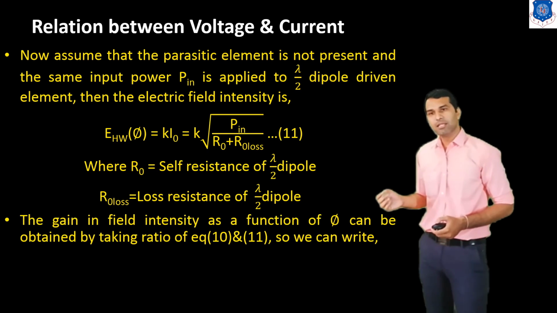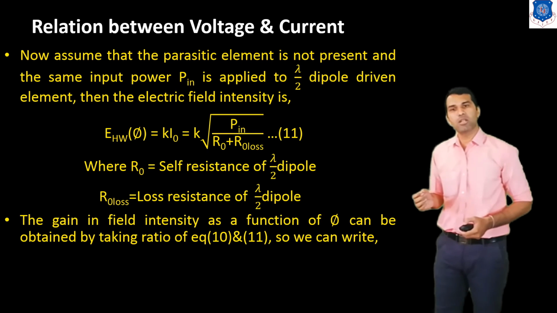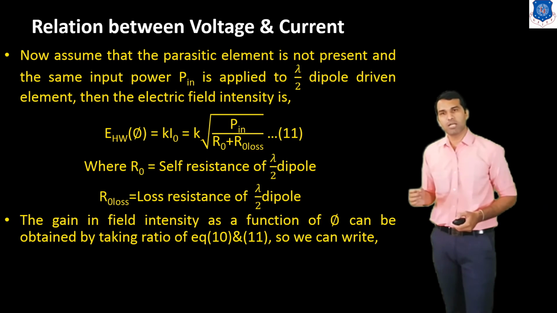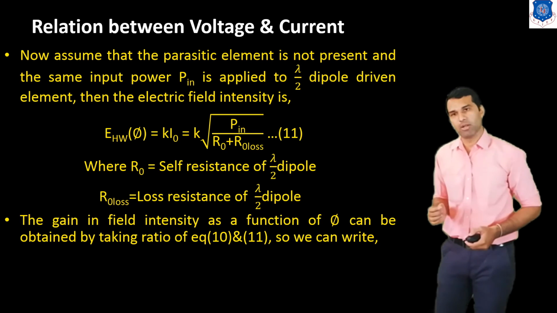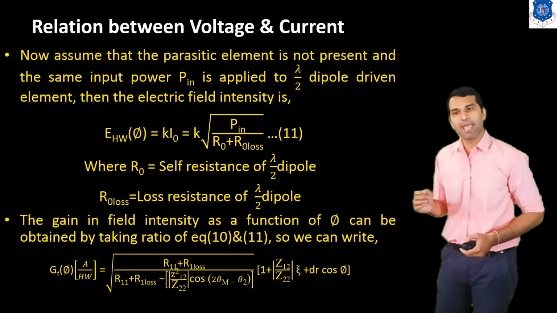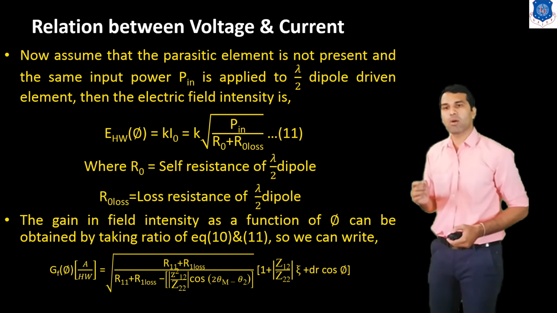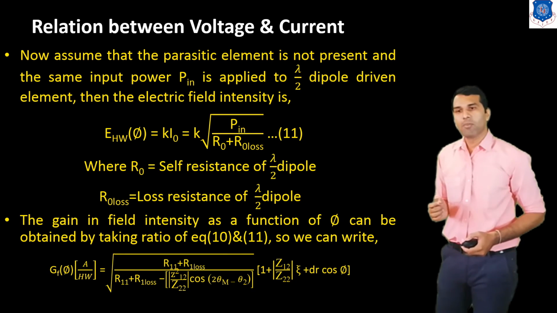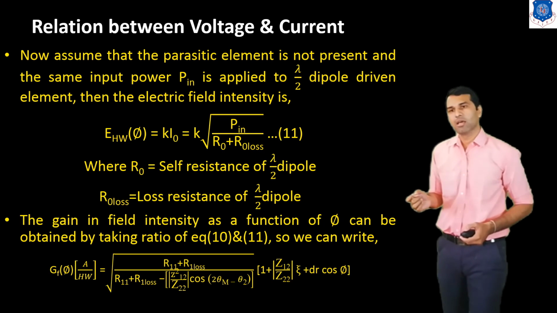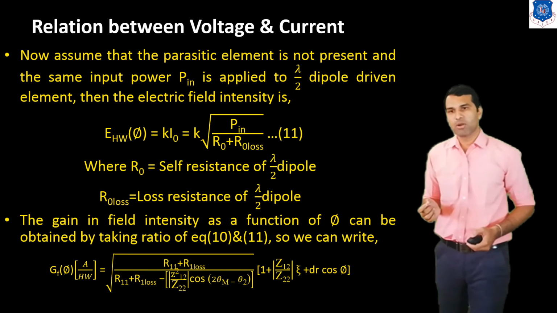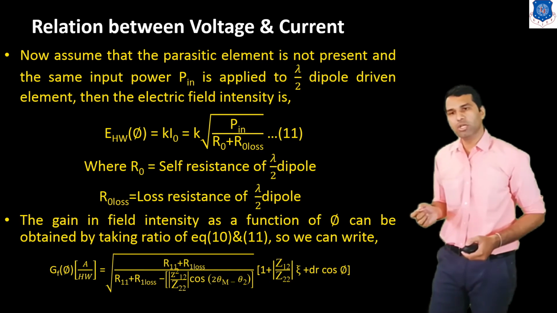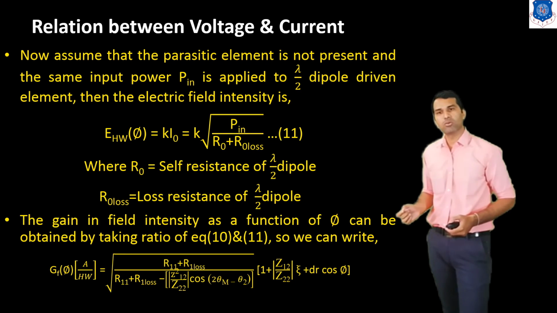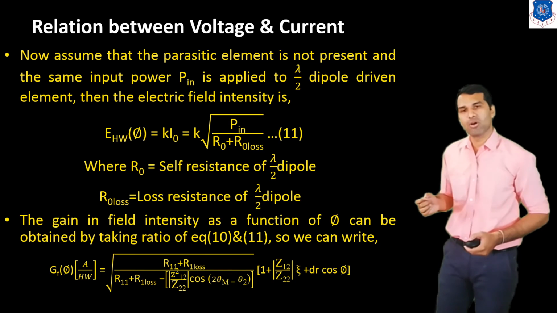The gain in the field intensity as a function of phi can be obtained by taking the ratio of equation number 10 and equation number 11. So we can write the gain equals under root of R11 plus R1 loss upon R11 plus R1 loss minus Z12 square upon Z22 cos 2 theta m minus theta 2, into 1 plus Z12 upon Z22 angle eta plus dr cos phi.